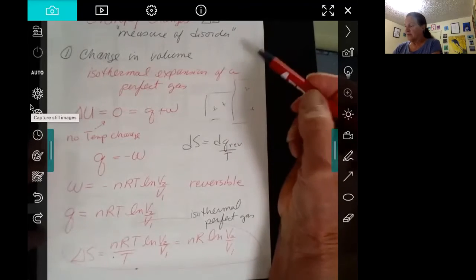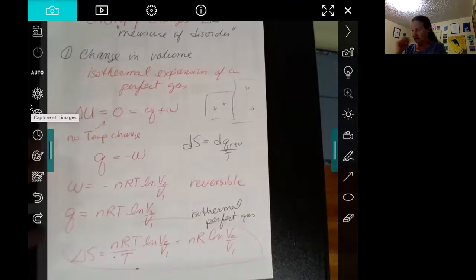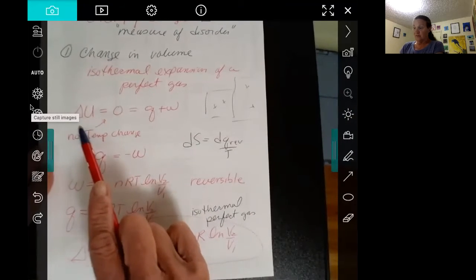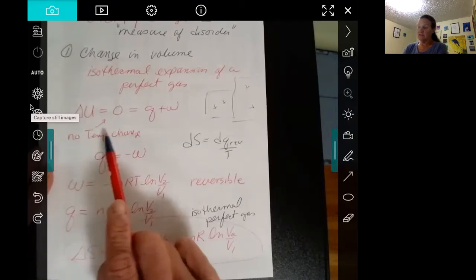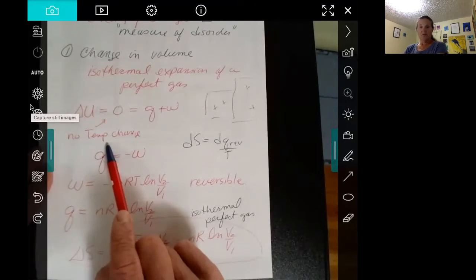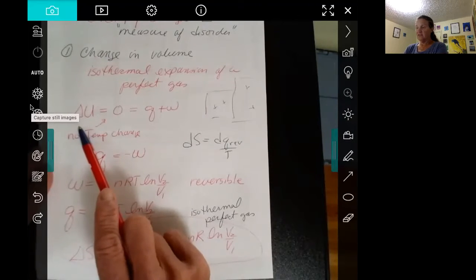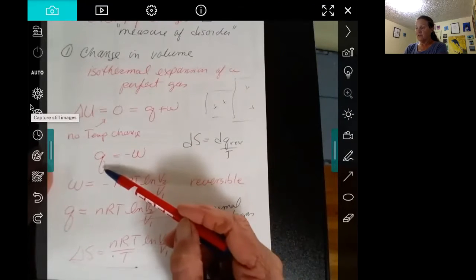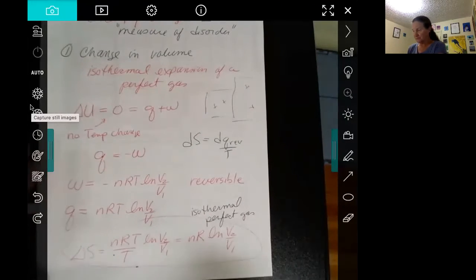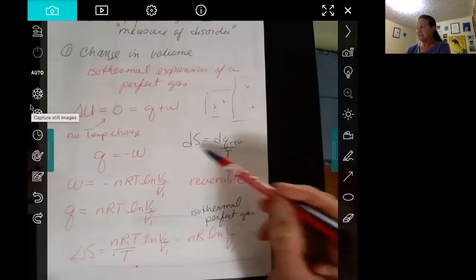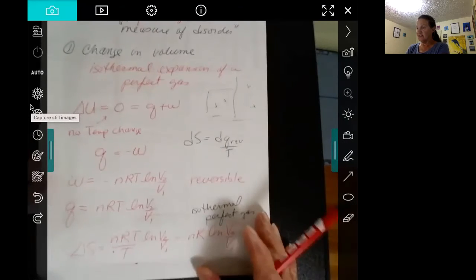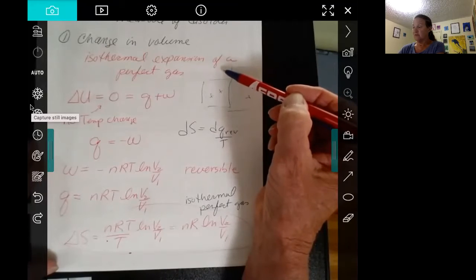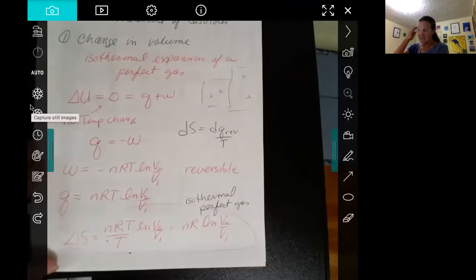So if we have a perfect gas and we want to look at how the entropy changes in an expansion, if it's a perfect gas, isothermal means the temperature doesn't change, so the internal energy doesn't change. So 0 has to equal Q plus W. So Q has to equal negative W. Because dS is dq reversible over T, I never mentioned up here if I was doing this for a reversible or irreversible process, and it doesn't matter.